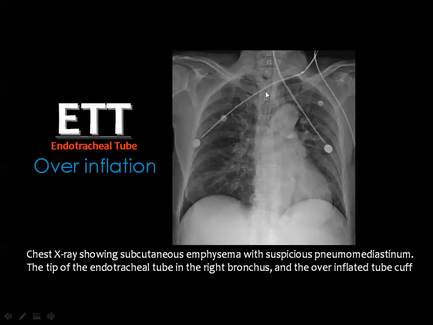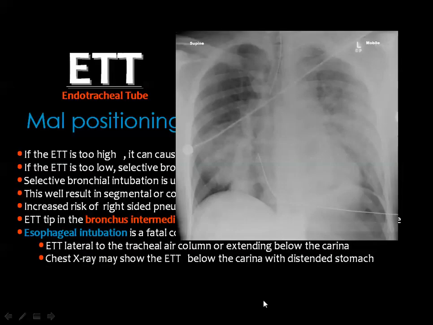If you look carefully here, these are the ECG leads, then you see the endotracheal tube, and this is the balloon which is overinflated, and the tip of the balloon is going too much into the right main stem bronchus. One of the best ways for judgment of subtle pneumomediastinum is to look at the patient's neck. If you can see streaks of air in the patient's neck on one side or on both sides, then you may suspect that there is pneumomediastinum.